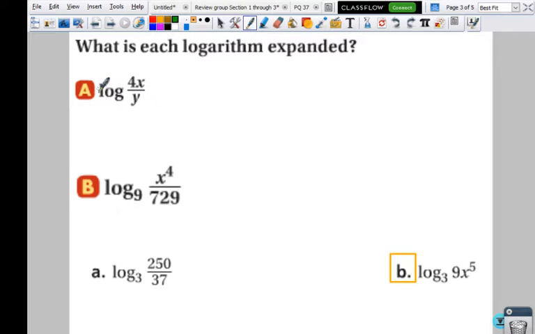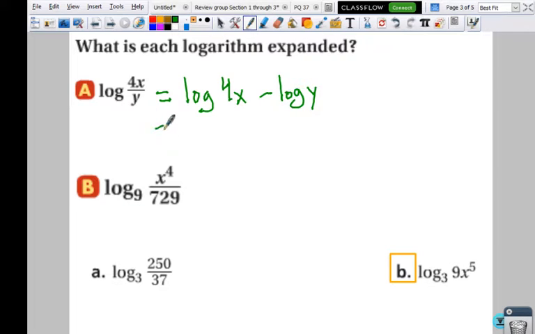On this one, I have log of 4x over y. Well, that division means I can split it up as log of 4x minus log of y. I used my quotient rule here to split it apart.